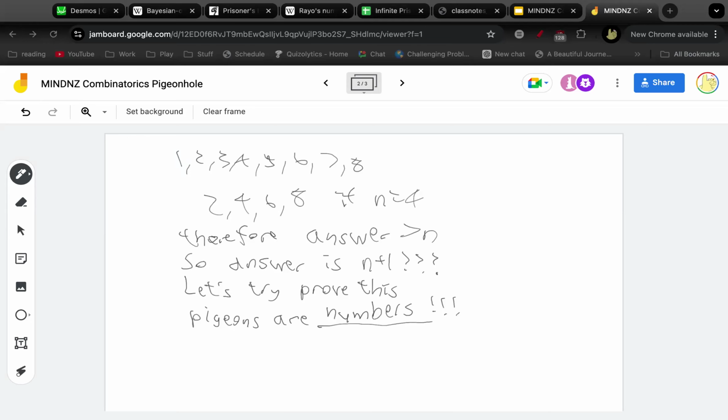Under what conditions are 2 numbers guaranteed to be co-prime? What's the simplest condition you can think of?